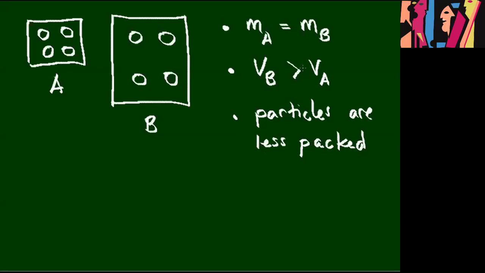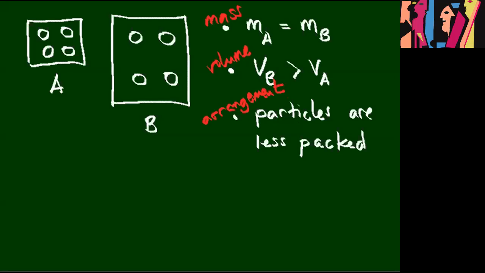Now, we've just described two objects in terms of mass. We also are able to describe two objects in terms of their volume. And the last way that we're describing objects is the so-called arrangement: how are atoms arranged in that object?